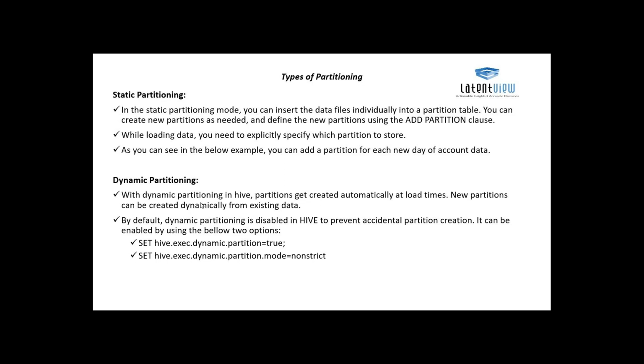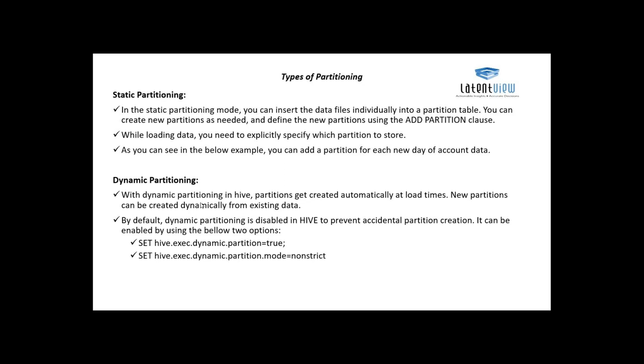The next one is dynamic partitioning. With dynamic partitioning, you need not explicitly declare the partitions. You simply mention the partitioning column alone. So if I'm going to partition on year of joining, I can simply give year of joining as the partition column and I need not specify any particular value.